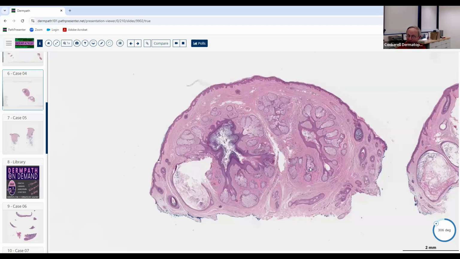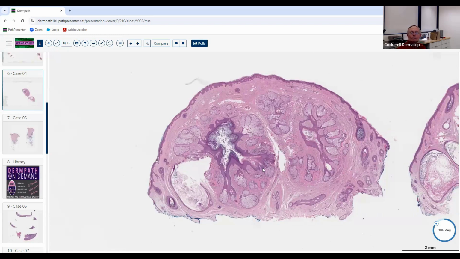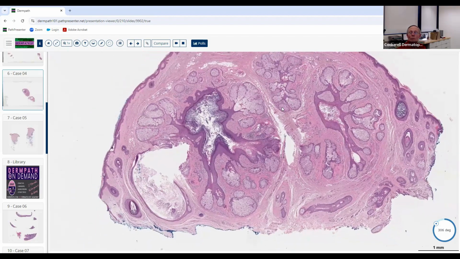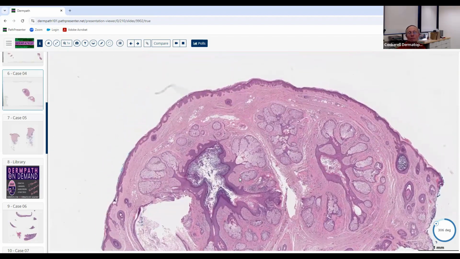And so you think it's benign, right? You said benign. We already talked about the criteria for benign versus malignant a second ago. So very symmetrical. We can draw a nice, smooth, round line around this thing. So we know we're dealing with a benign adnexal neoplasm with sebaceous differentiation. So now we're in a very small chapter of the textbook.